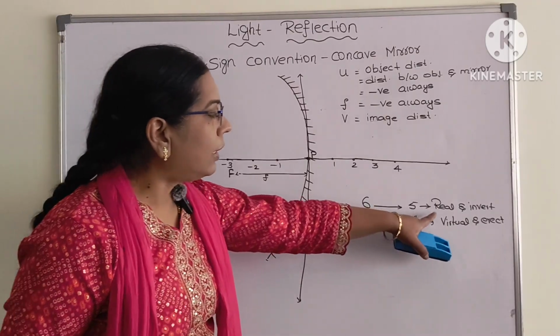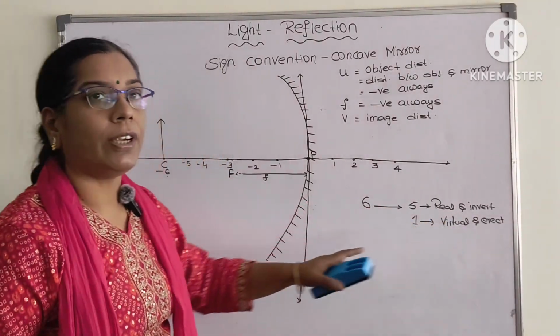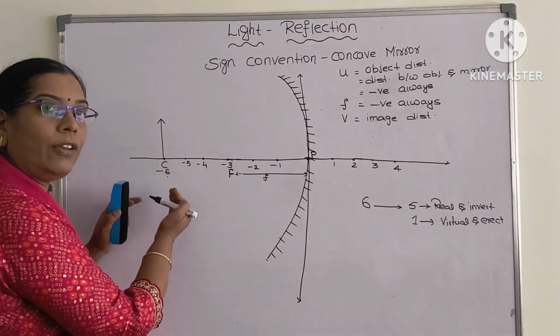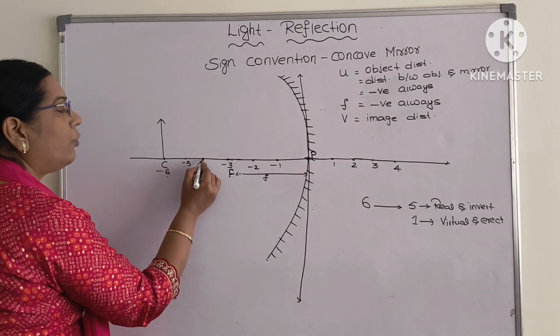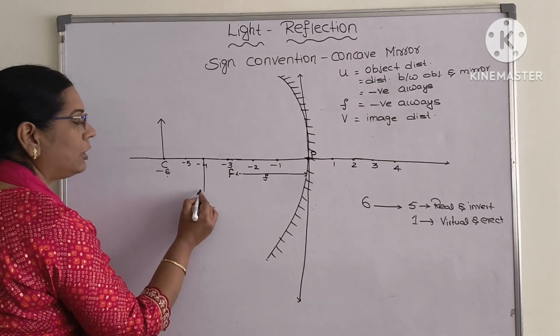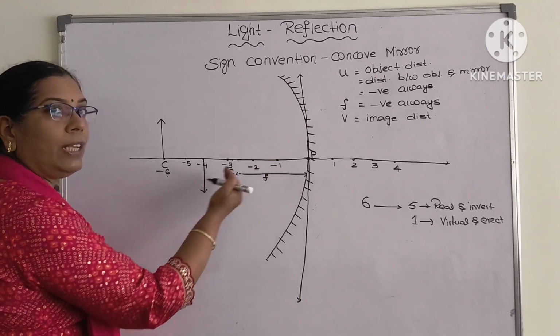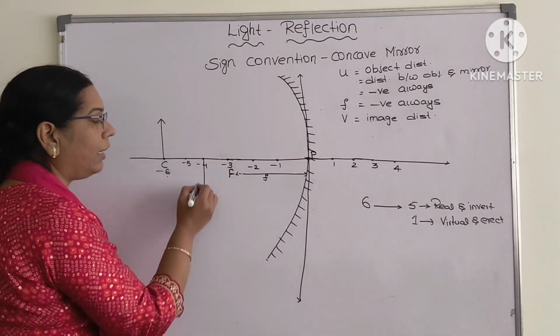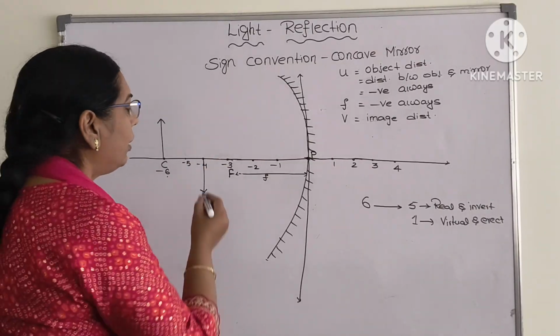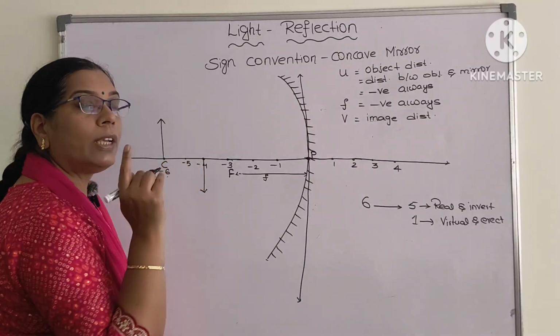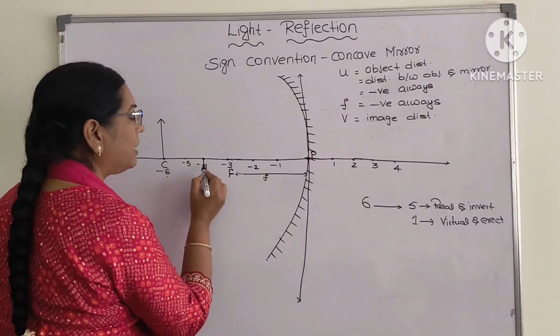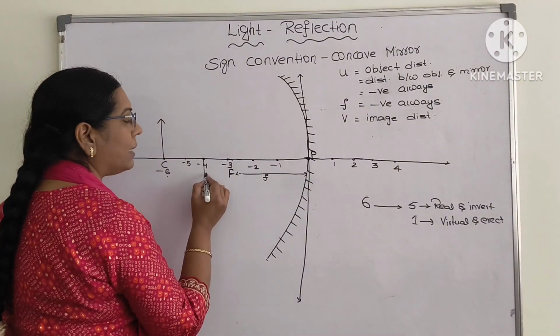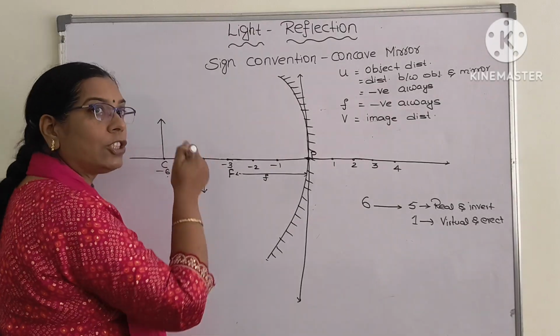Whenever the image is real and inverted, the image will form in front of the mirror. Imagine the image is falling like this. If the image is in front of the mirror, it will be inverted and it will form like this. Now, see, what is image distance? Distance from the image to the mirror.